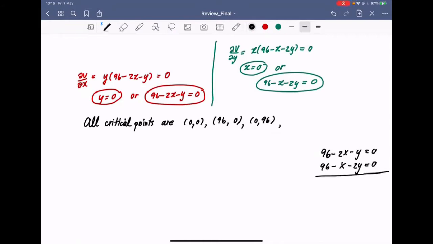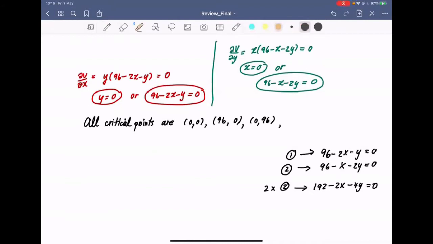Well, this is my equation 1, this is my equation 2, and I'm just going to multiply equation 2 by 2. So if I multiply 2 with equation 2, I get 192 minus 2x minus 4y equal to 0, right? I multiply 2 to equation 2, so I get that.